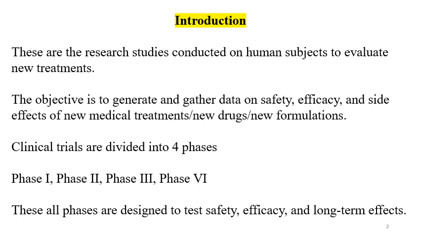Clinical trials are mainly divided into 4 phases: phase 1, phase 2, phase 3, and phase 4. All the phases, starting from phase 1 to 4, are designed to test the safety, efficacy, and the long term effects of the new drugs.